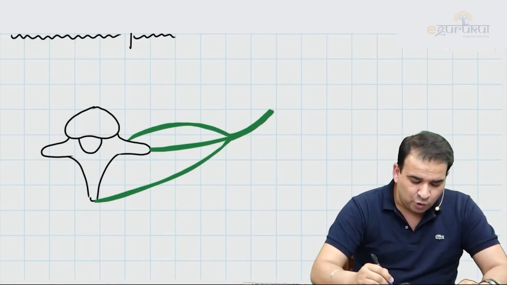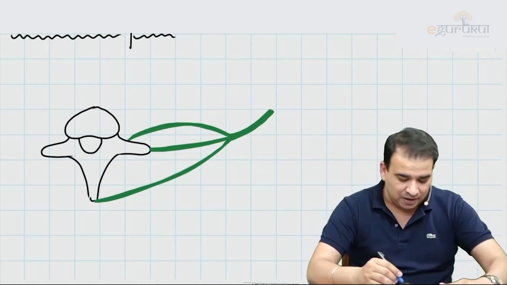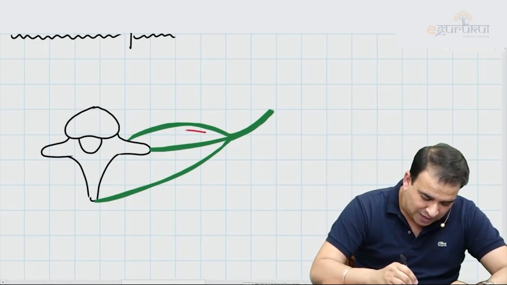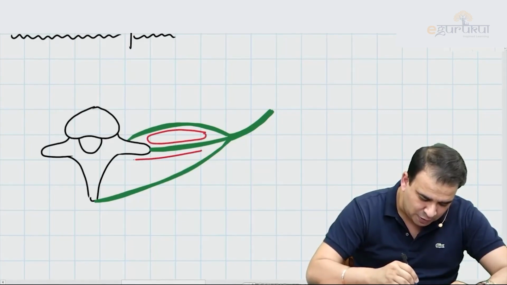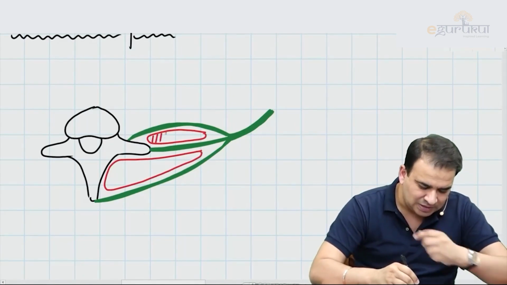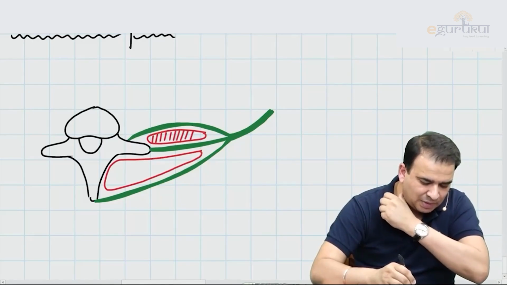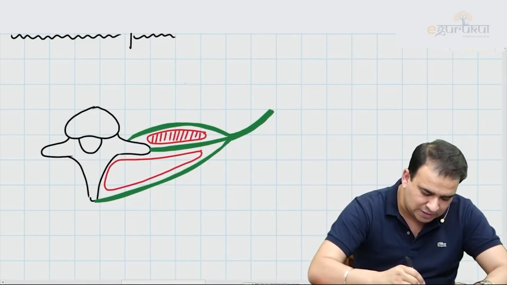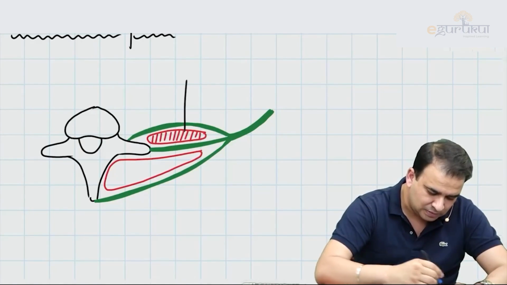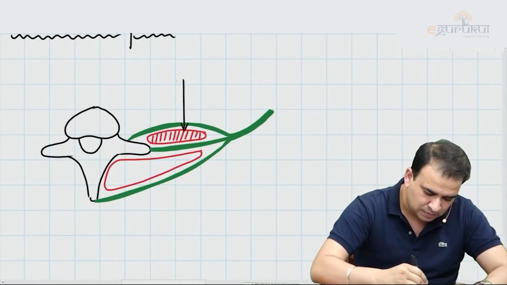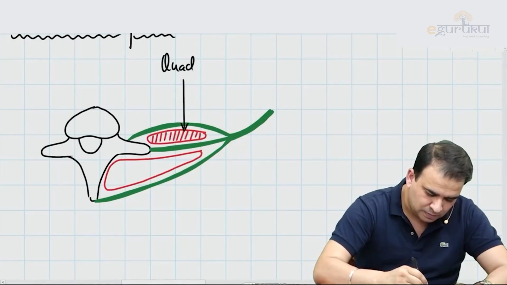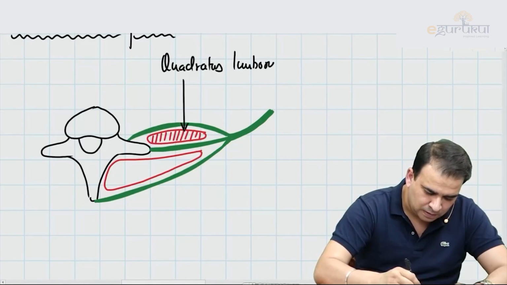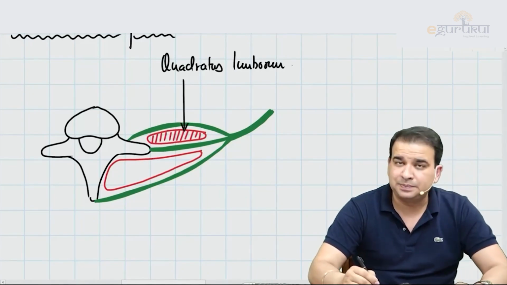What is also important to note is what muscles are trapped inside. Between the anterior lamina and the middle lamina, you will see some muscle here, and between the middle and the posterior lamina also we have muscles. The muscle between the anterior and the middle lamina is the quadratus lumborum muscle.